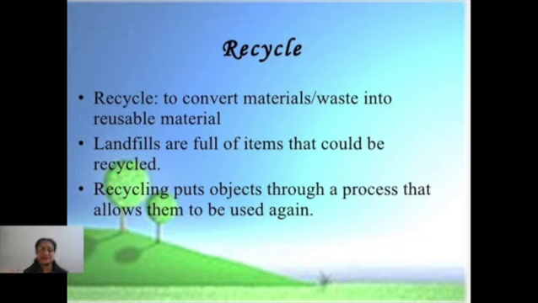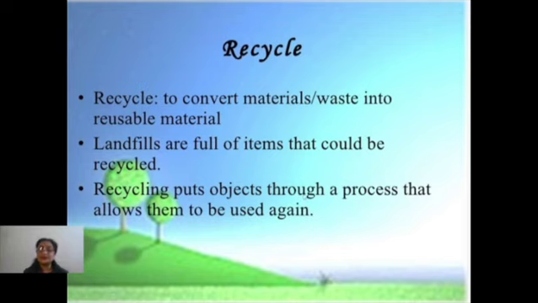Paper can be recycled, and after that it can be used for making different types of paper. The newspaper that we read is made largely out of recycled paper. Now landfills are full of items that could be recycled.